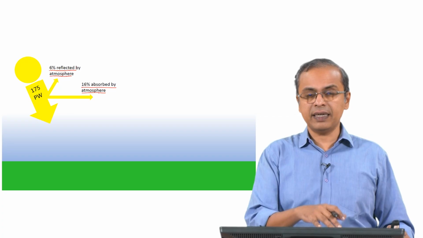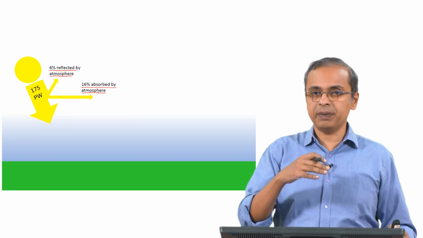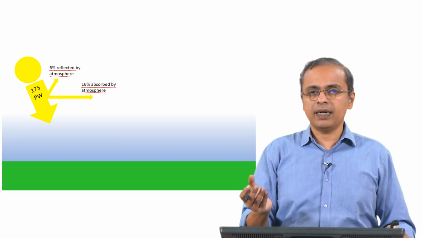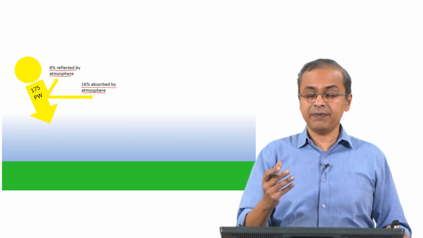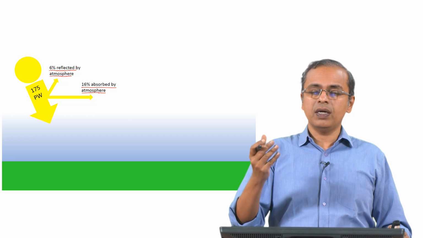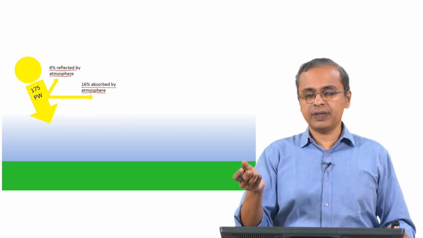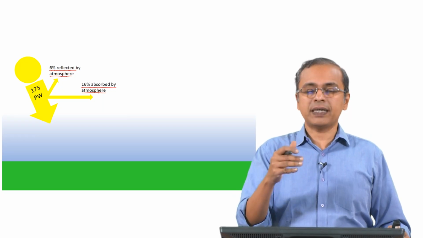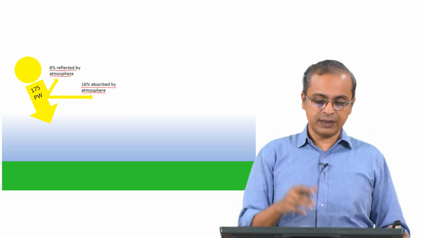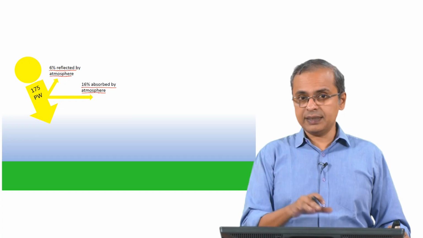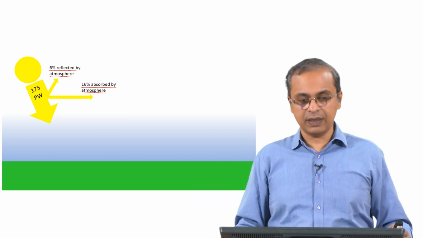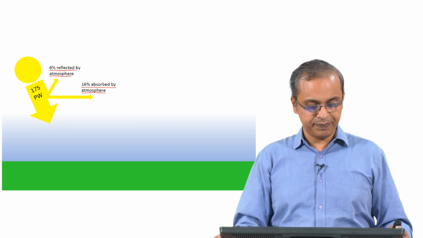This 6% that did not reach earth and simply bounced off the atmosphere is not something that we need to account for in any great sense, in the sense that we do not have to worry about what it can do in terms of heating up earth or cooling down earth, etc. Because it does not participate in anything that is happening on the earth, it is just on its way out. But this other 16% is there somewhere in our atmosphere. So, it has arrived, it is sitting somewhere in our atmosphere. So, that is something we have to keep in mind.